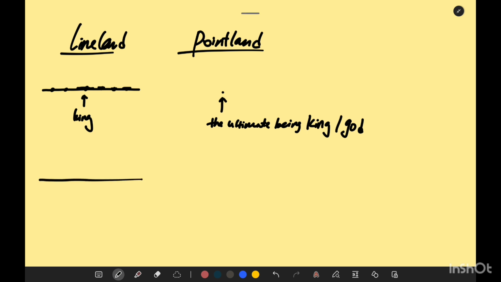If you have a line and a square over here, people on the line can see the square, but if suddenly the square wants to go here, no one can see the square. It's just a line, because this line is the entire universe for people in Lineland.